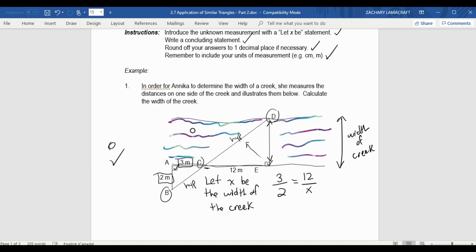So I skipped that step, but I went back and did it. So let x be the width of the creek, and then we set up our ratio based on that, okay?